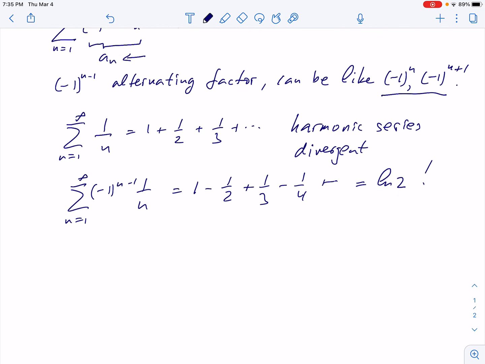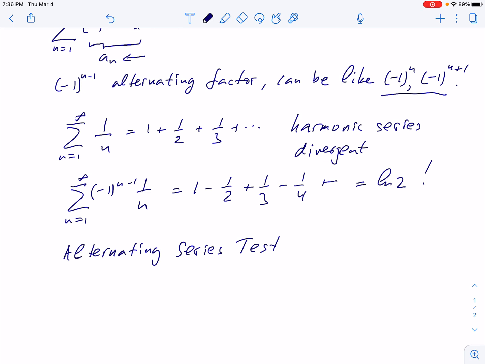I shall tell you now the alternating series test. This will explain this phenomenon here, how the second series is convergent when the first is divergent.